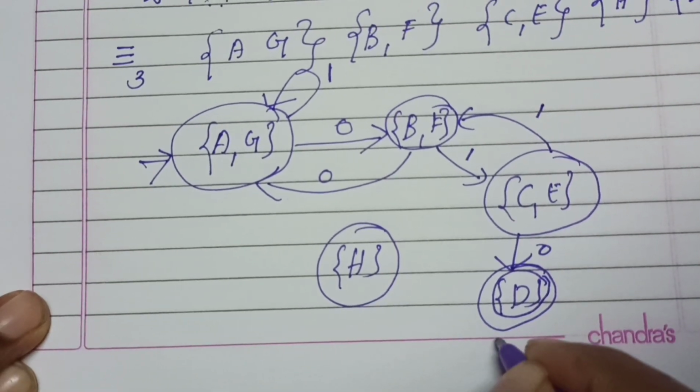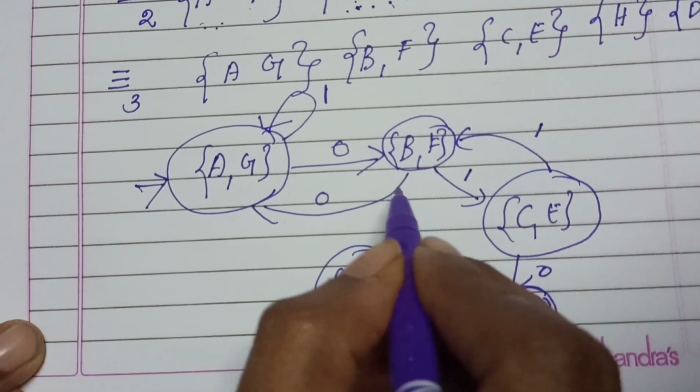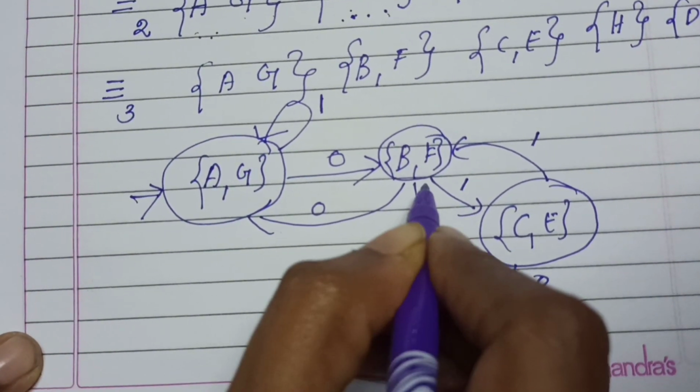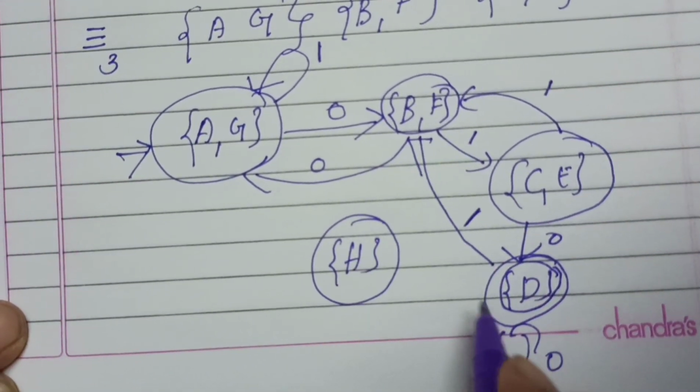From D on reading 0, it's a self loop. From D on reading 1, it goes to F. So you connect it here. Connect to the state BF where F is present.